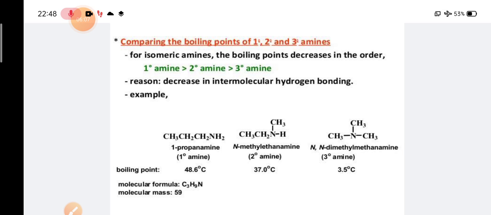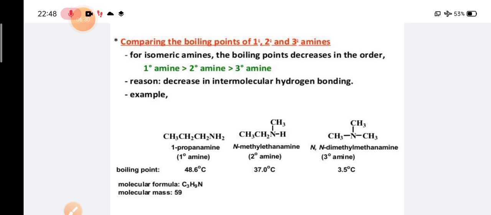But if they are isomeric amines, that is, of the same molecular weight, then what happens? We have noticed that the boiling points decrease in the order of 1 degree amine with the highest boiling point, then 2 degree amine, then 3 degree amine. The reason behind this is the decrease in intermolecular hydrogen bonding.